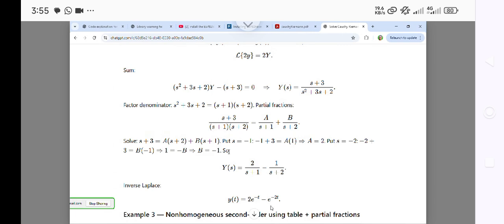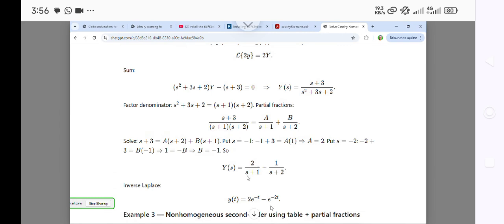Now you have gotten your A and B. Replace your A by 2 here and your B by -1. You have this. So instead of writing plus -1, you can bring out the minus like this. If you do the inverse Laplace transform, you know the 2 can go out.